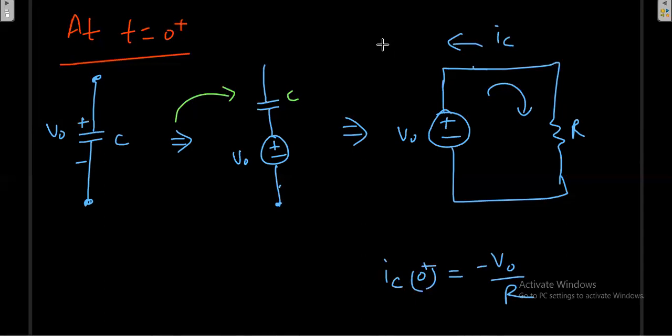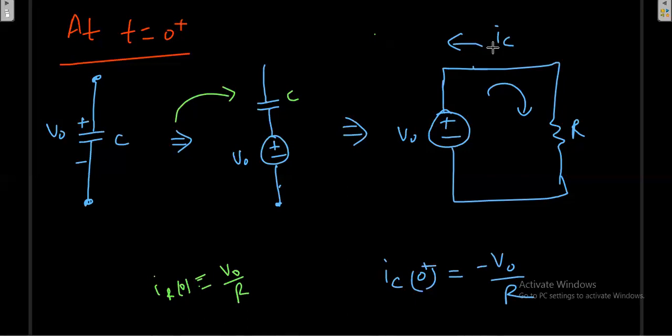But this current cannot remain constant. With respect to the resistance, the initial current across the resistance is V naught divided by R. This is only the initial current, but as time progresses, the current will decrease, because the resistor current is decided by the capacitor.